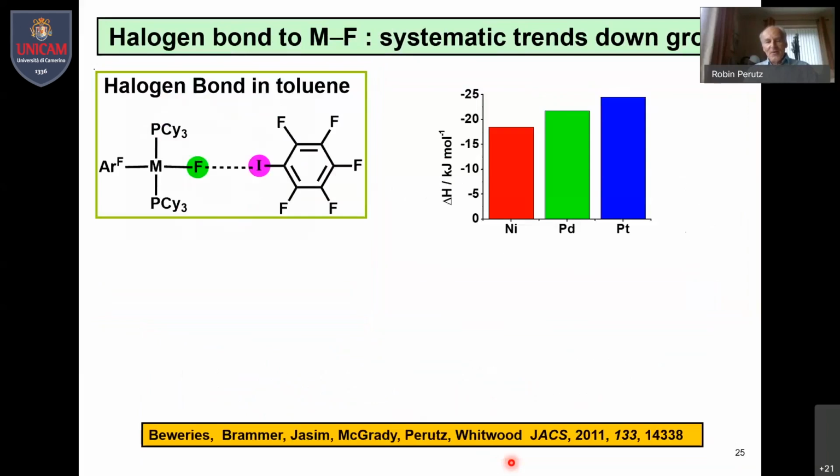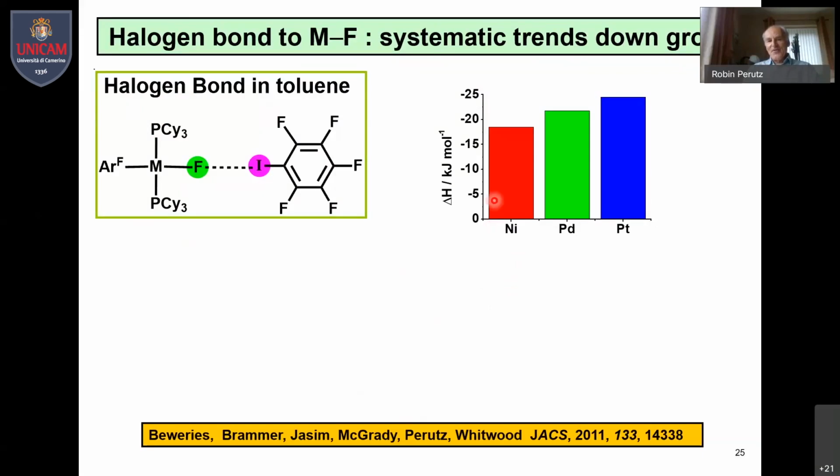So what I want to do is move to measuring the strength of halogen bonds. And to do this, we use exactly the same principles as for the hydrogen bonds. So we have group 10 metal fluorides, and this time we're adding iodopentafluorobenzene. And we work out the strength in the same way.